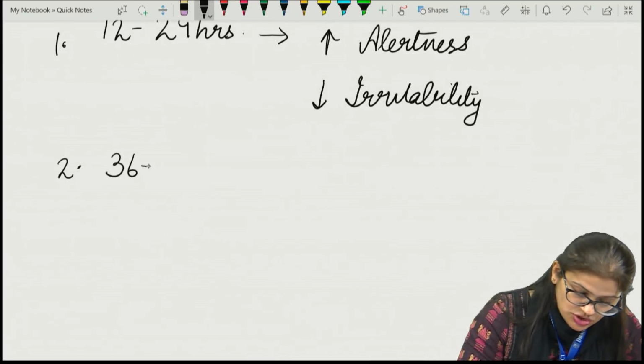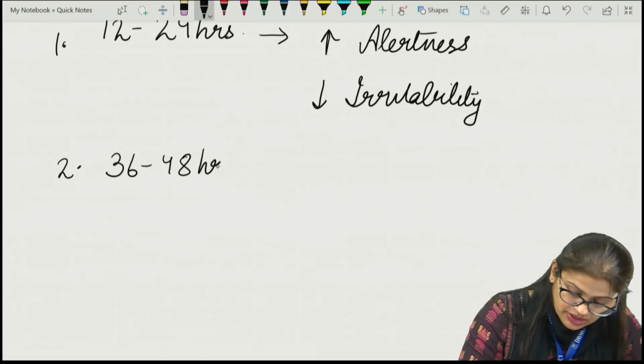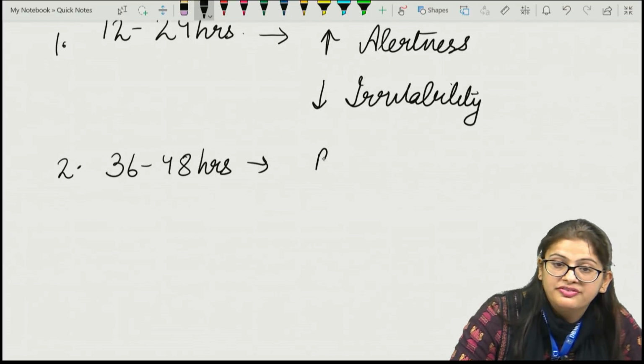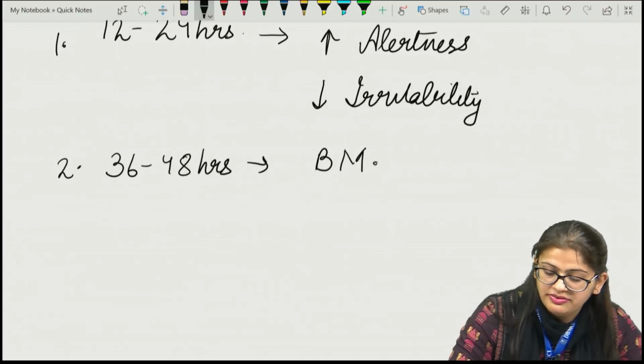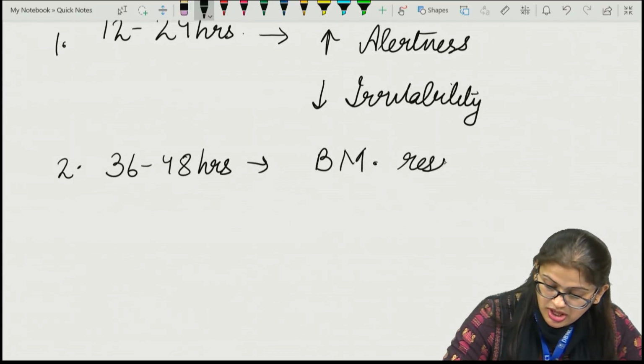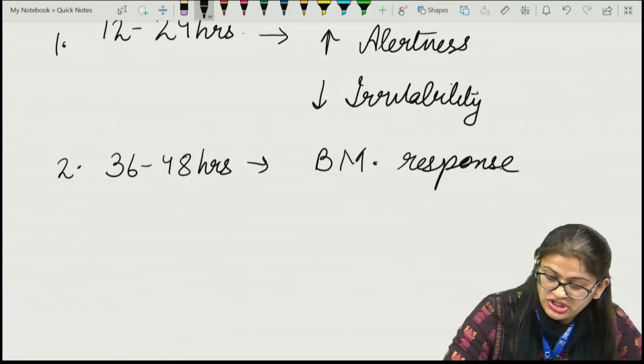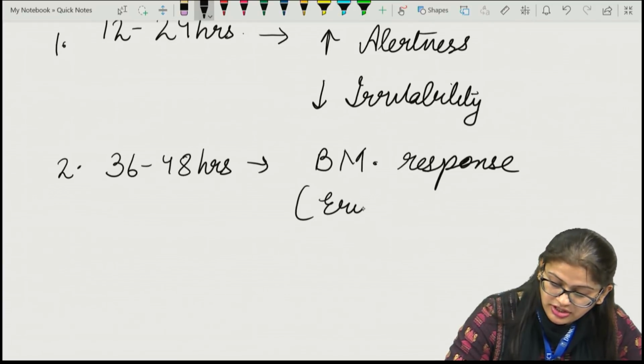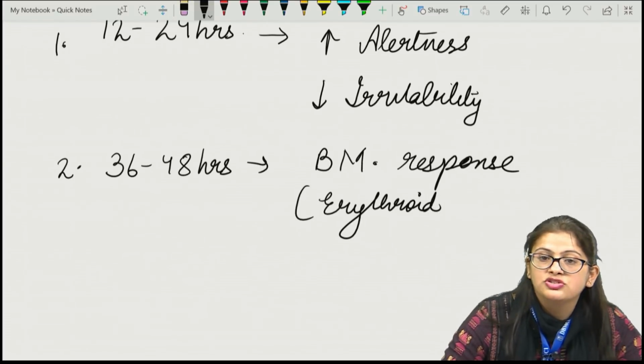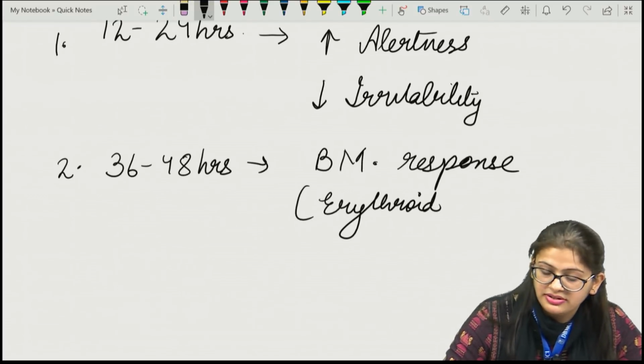Then within 36 to 48 hours, a bone marrow response manifesting as erythroid hyperplasia will be seen within 48 hours of initiating appropriate iron therapy.